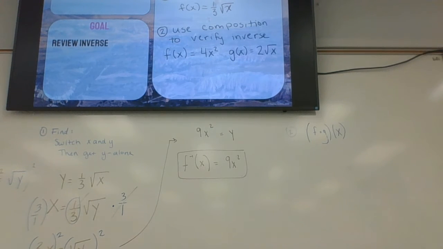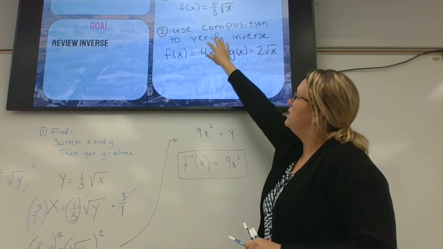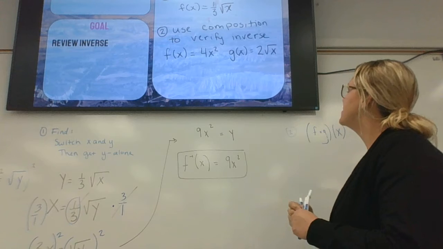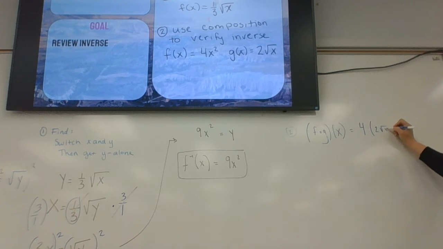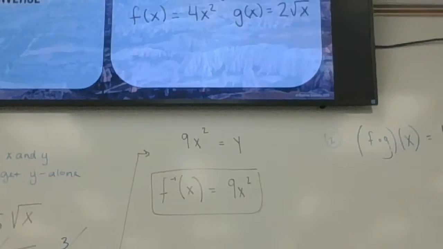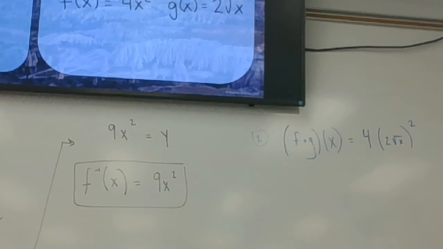Okay. So I have to take whatever is g, this whole thing, and put it into f right there. So I'm going to do parentheses, 2 square root x, and there's a little 2 on the outside. So now I'll simplify.